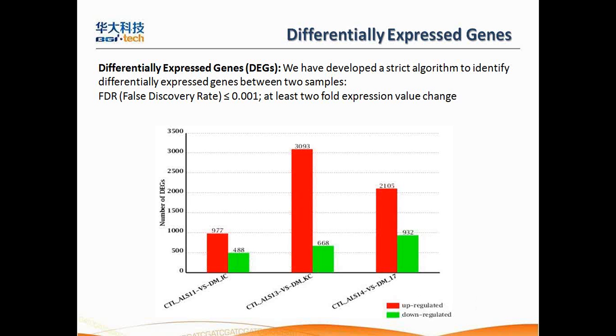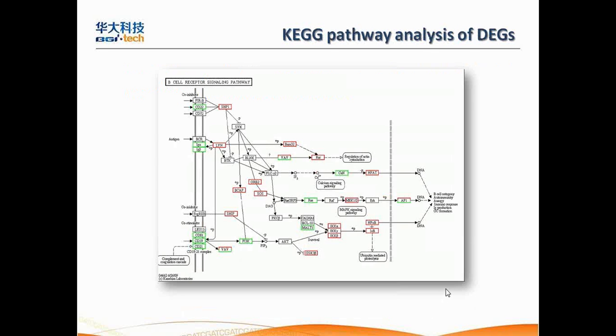This is a scheme, a picture from an ongoing project. We calculate the number of upregulated genes in 3 samples, and in each sample we try to figure out how many genes are upregulated and how many genes are downregulated.